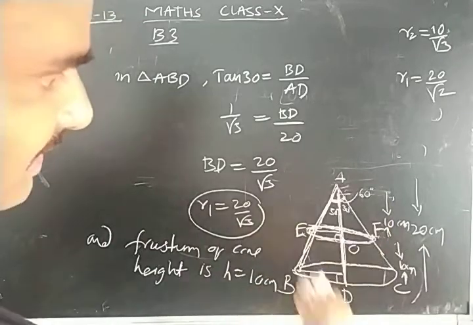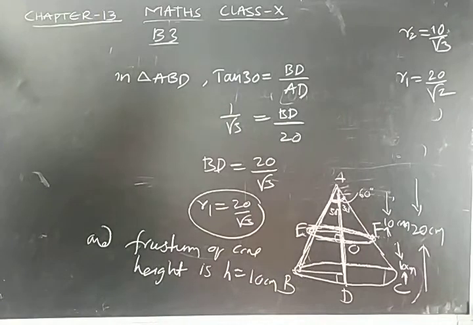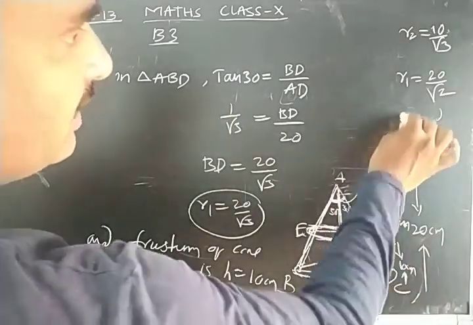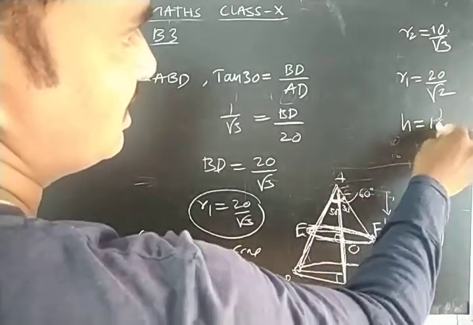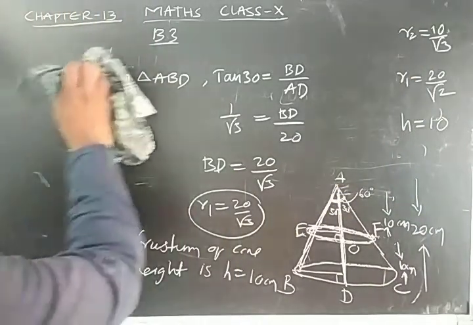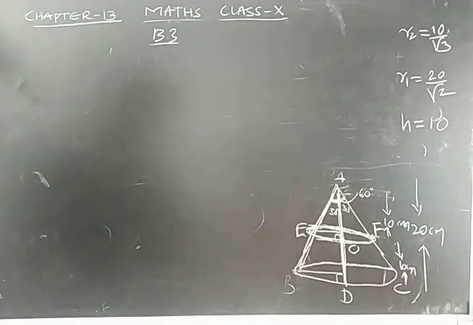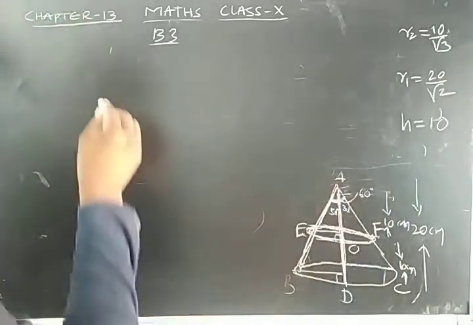Because we are cutting this bigger cone at the middle of the height, so it will be 10 centimeters. So the height of the frustum of the cone is 10 centimeters. Now I got R2, R1 and H, right? Now I am going to find the volume of the frustum of the cone, because I have R1, R2 and the height.